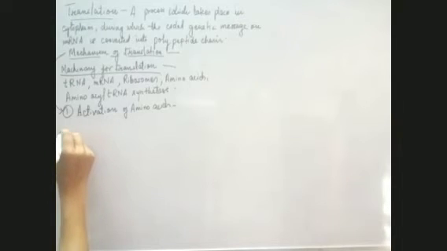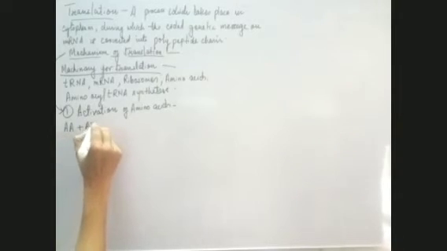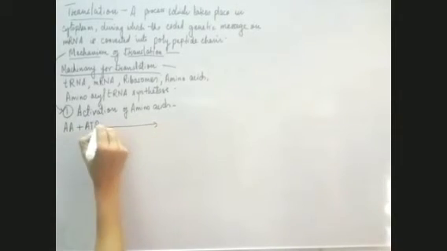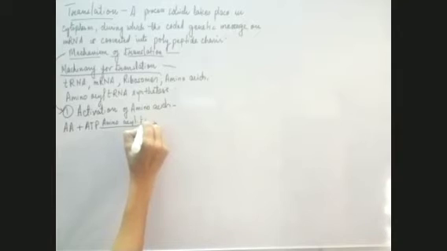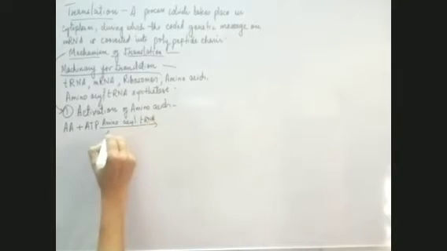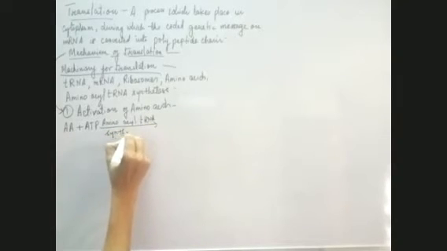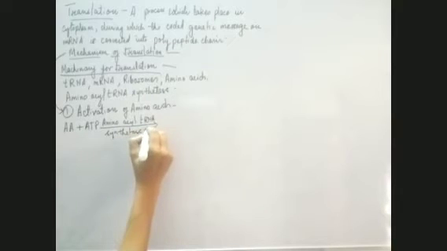The reaction is amino acids. I'm writing in short, amino acids plus ATP, then in the presence of the enzyme amino acyl tRNA synthetase. Or we can just write E here, because such a big name is difficult to write.